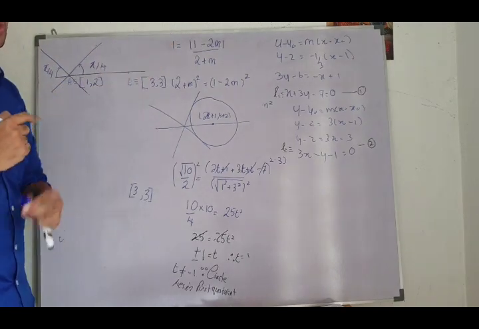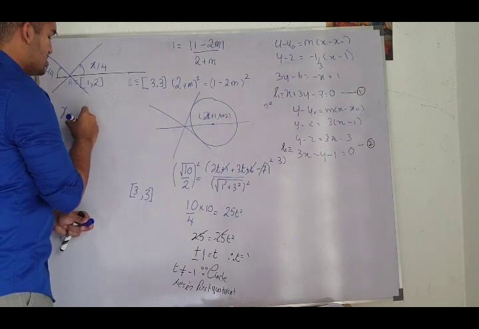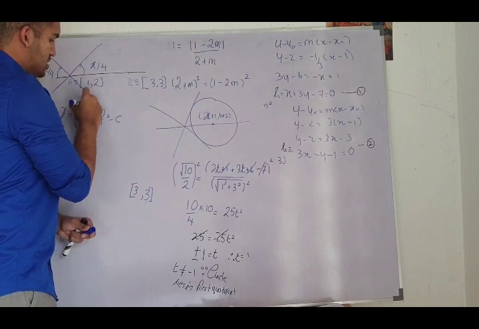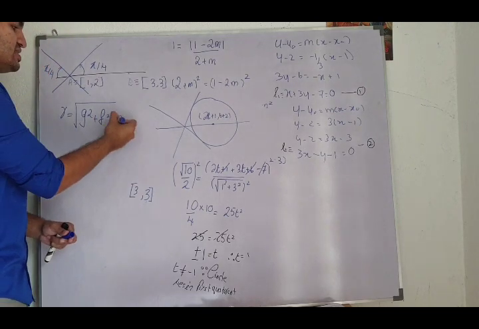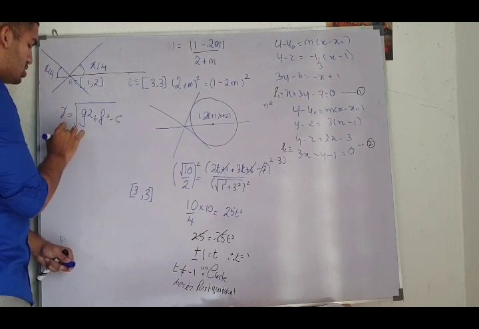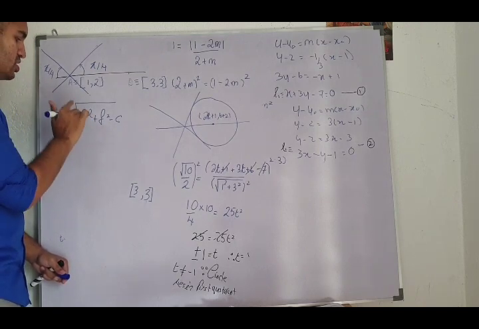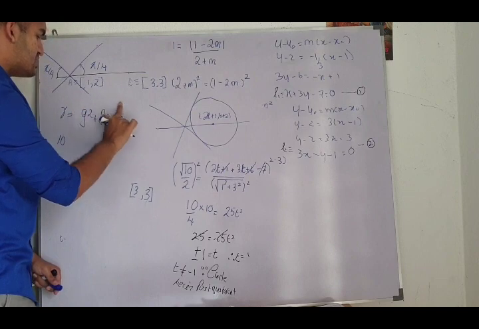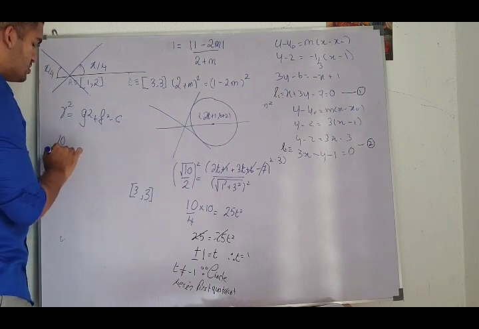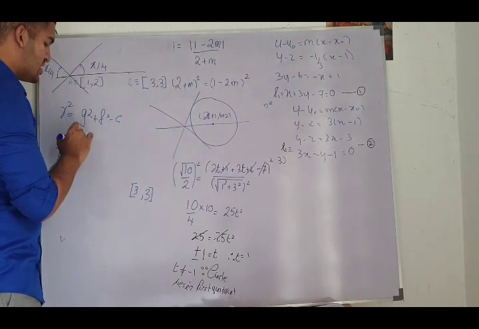To use the other equation, what we should do is that we should take r here and we should take g squared plus f squared minus c. Now in order to find this c, we are given that radius is root 10 over 2. So when the square root comes to this side it will be squared. So therefore, if I take this off, we can square this, and this will be 10 and this will be 4. g squared we obtained as 3 into 3 is 9.